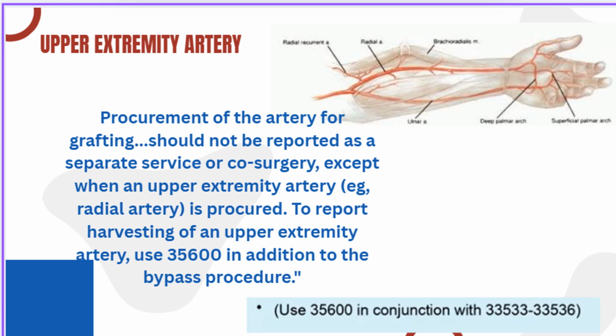So the conclusion is the procurement of the artery for the grafting should not be reported as a separate service or a co-surgery except when the upper extremity artery is procured. To report harvesting of the upper extremity artery, we use the code 35600 in addition to the bypass procedure. And 35600 is an add-on code. So I will report the arterial graft code first, followed by this procurement code or the harvesting code.